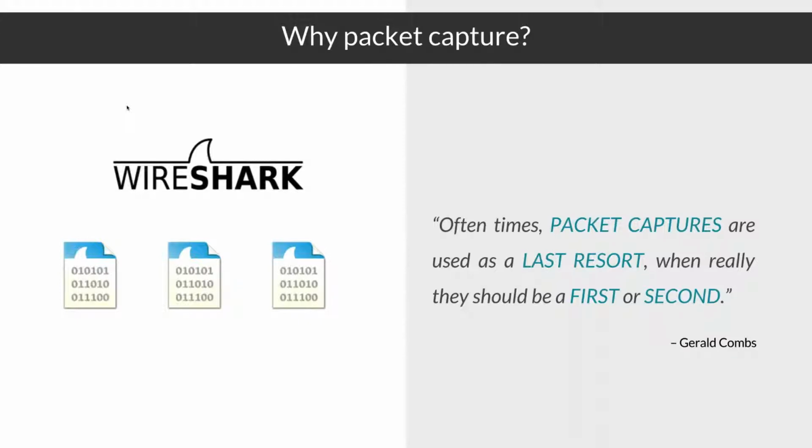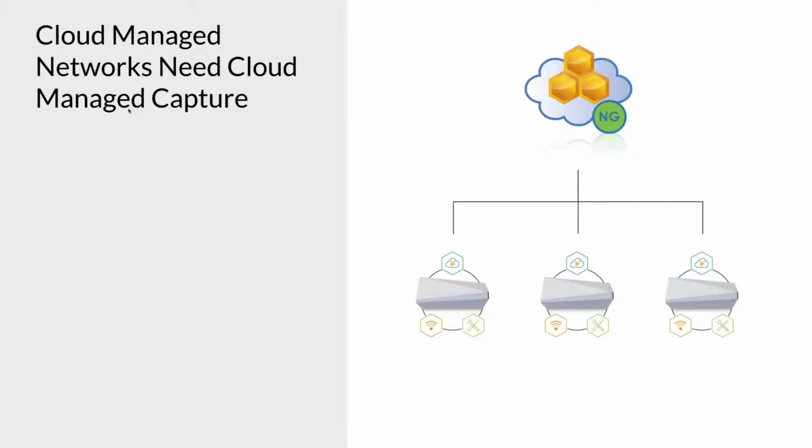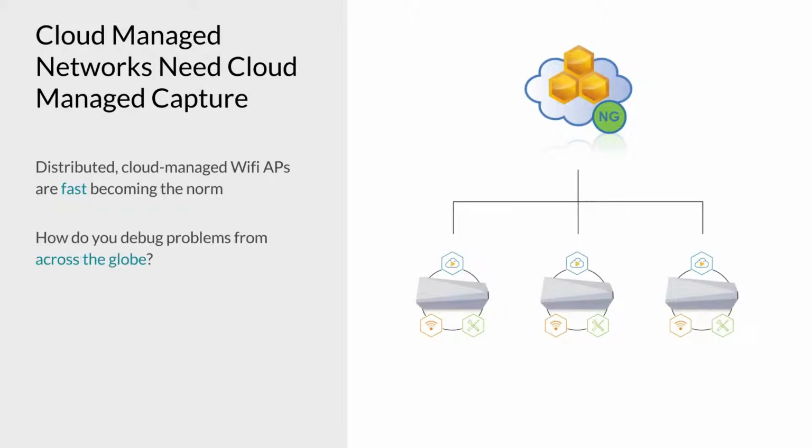This pain is acutely felt in the explosion of cloud-managed Wi-Fi and cloud-managed networks, which are quickly becoming the norm. These systems allow their access points to connect to a cloud-based management system, making it easy to manage, monitor, and configure them from anywhere, usually right in a browser. But how can we easily debug network problems that arise on these systems when they are remotely distributed?